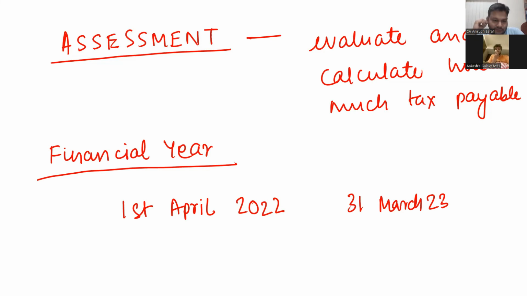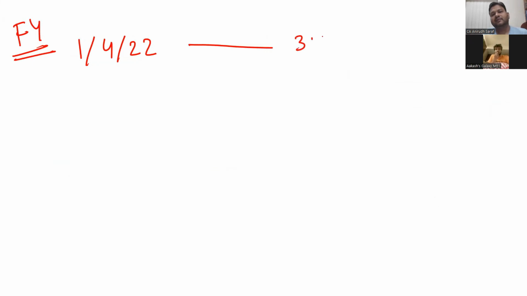Is it possible for you? No, sir. 1st April 22 to 31st March 23. I don't care whatever income you're going to earn in these 12 months, you calculate the tax right now and give me the tax right now. Why can't you do that? Tell me.